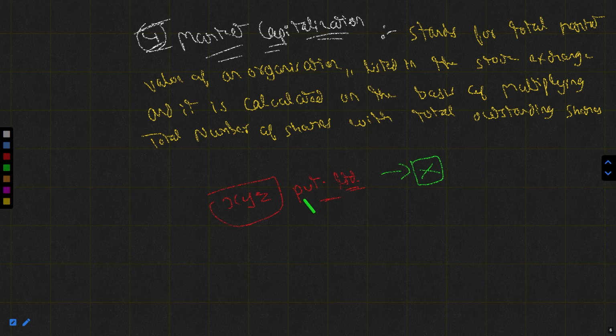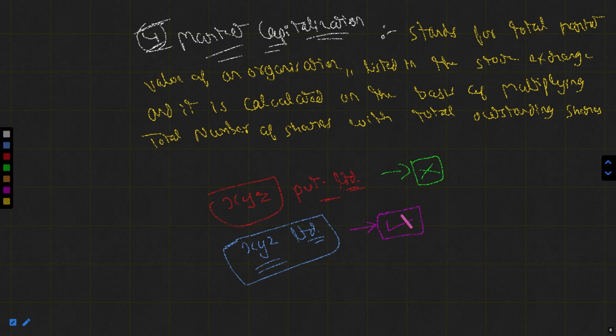It means that the tag of private limited will be removed and the company should be XYZ Limited. So if this is the organization XYZ Limited, it means that its shares we could calculate.